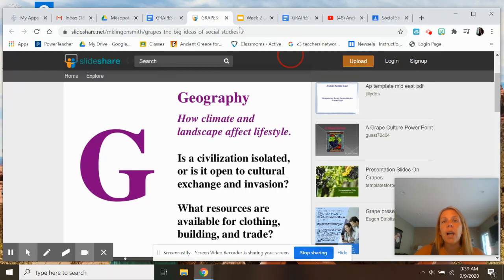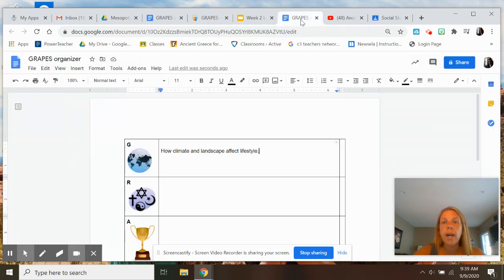So the geography is where we're always going to start with civilization, because the geography is really what drives the civilization, depending upon, is it isolated? Does it have access to other civilizations? And then the resources that are available. So on here, you can write a couple of those questions. Is it isolated? Does it have access to resources?